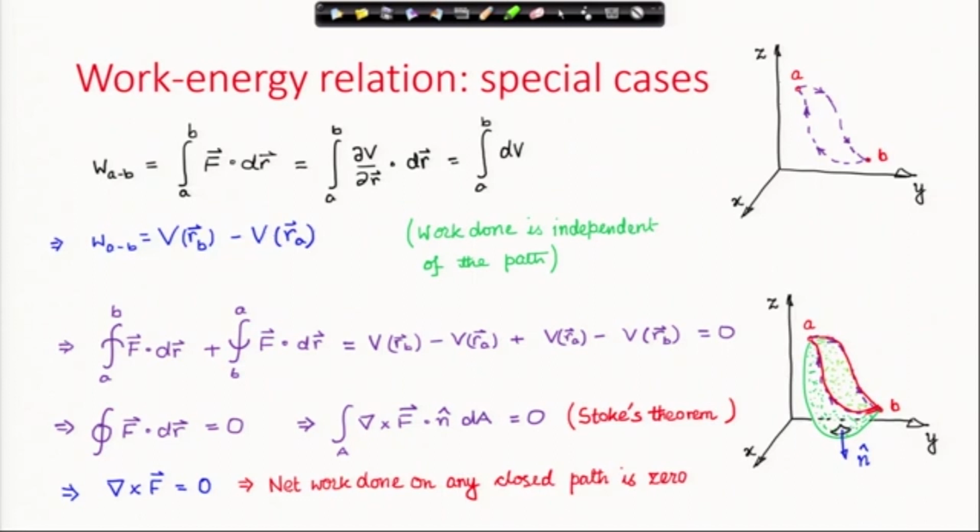So, net work done on a closed path must be 0. Therefore, if a force is representable as the negative gradient of a potential, then the curl of the force vector must be 0.